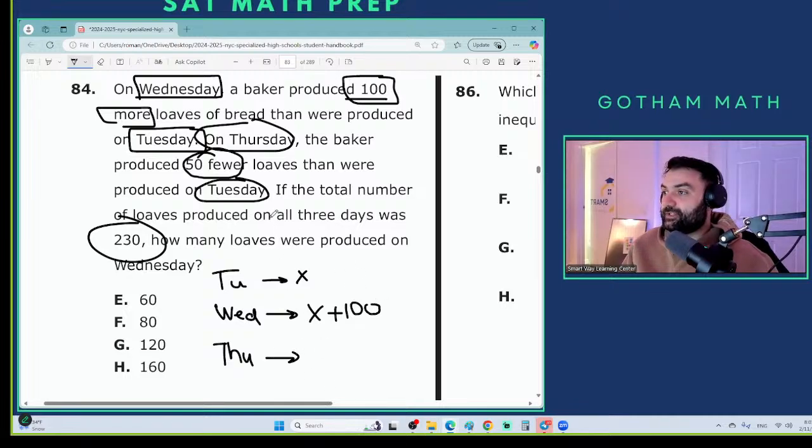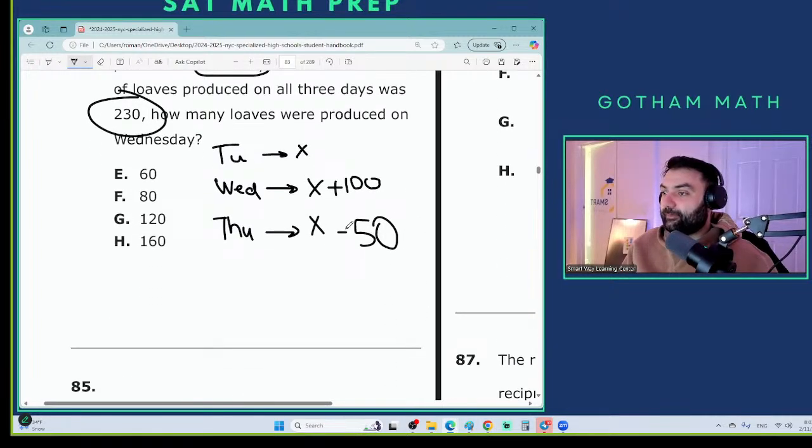And Thursday, we're going to set up as X minus 50 because it's 50 less or fewer. And now you take all of them and you add them and equal to the total that they said. Let's do it. X plus X plus 100 plus X minus 50, and it all equals 230.